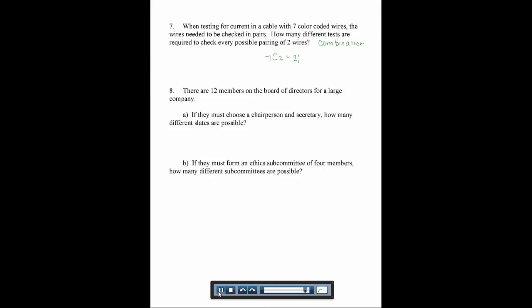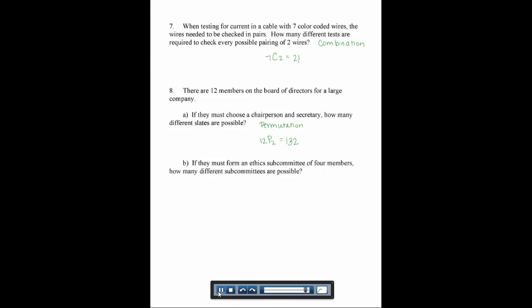So the order matters. So this is a permutation. We've got 12 different people we're choosing from, and we're choosing 2. One for the chairperson and one for the secretary. So 12P2 gives us 132 different ways.